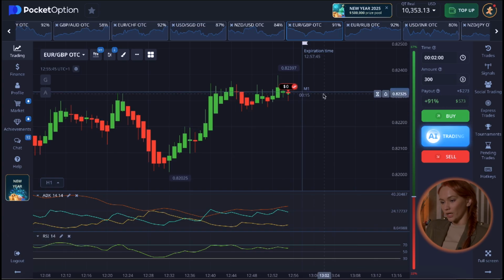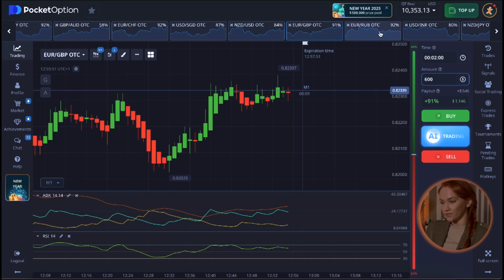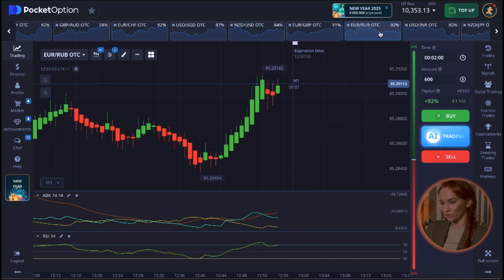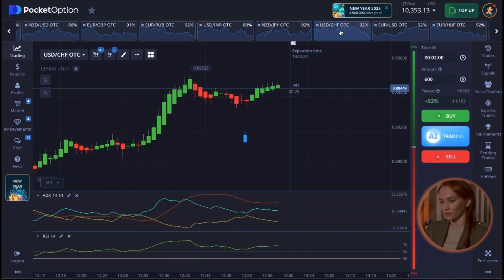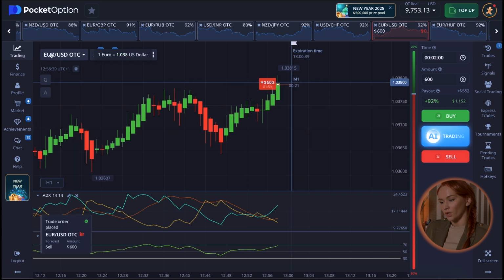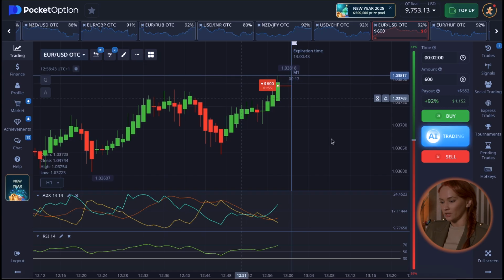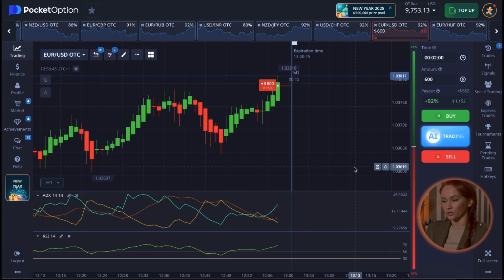So here we have a flat. The deal is negative. Let's increase the deal amount to $600 and look at the next currency pair. Okay, the next currency pair is Euro US dollar, a sell deal for 2 minutes.